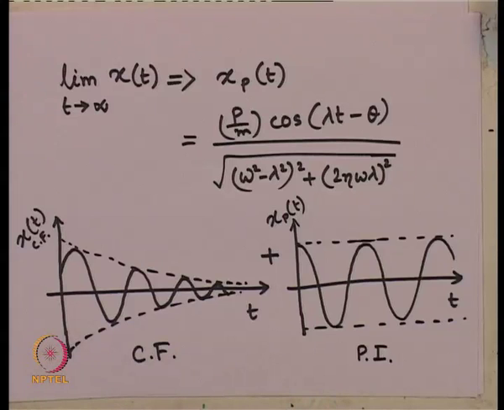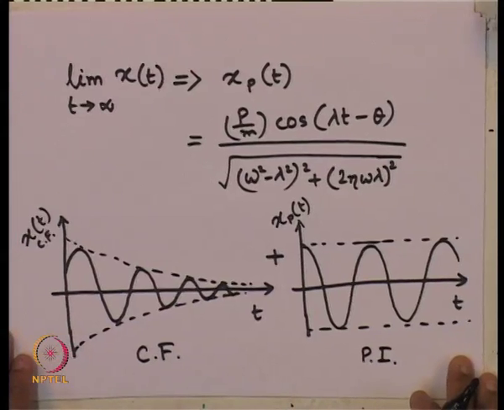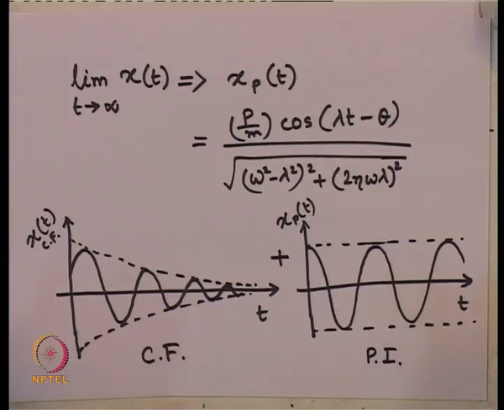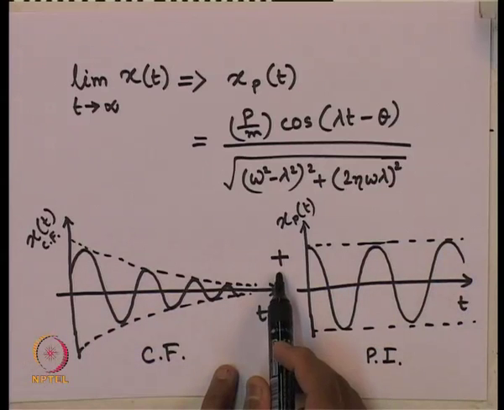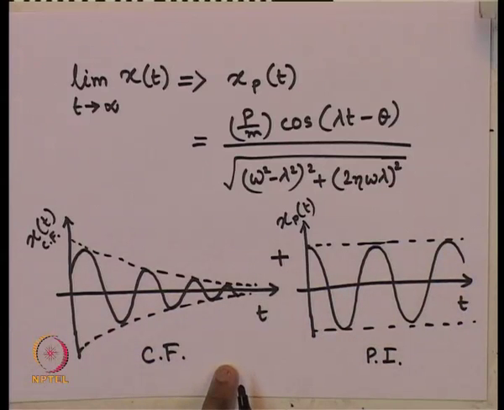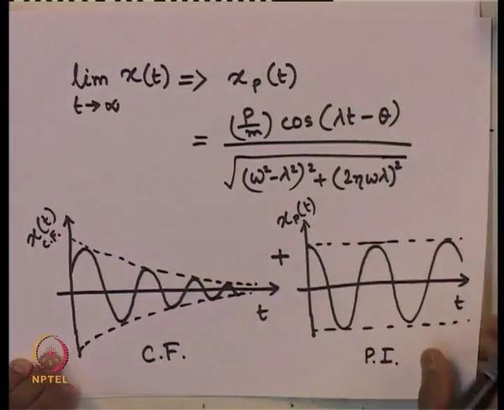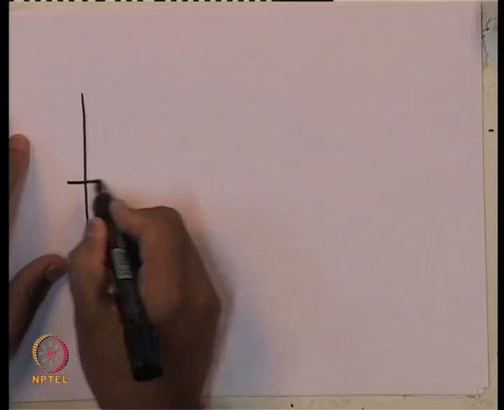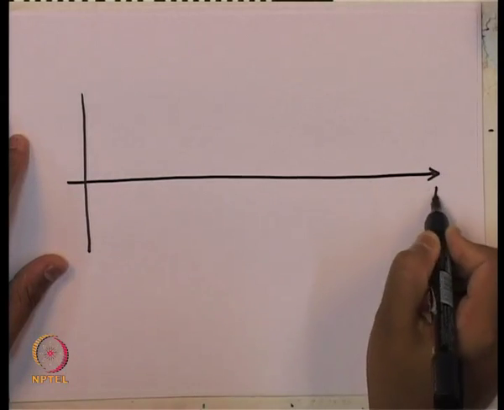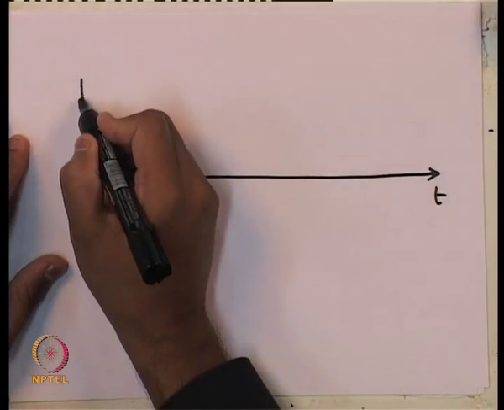So, what will be the total solution? The total solution is nothing but the combination of these two, which is why I have shown this plus sign here. How should the combined response look like? Let us combine it and see. I am just showing the trend.